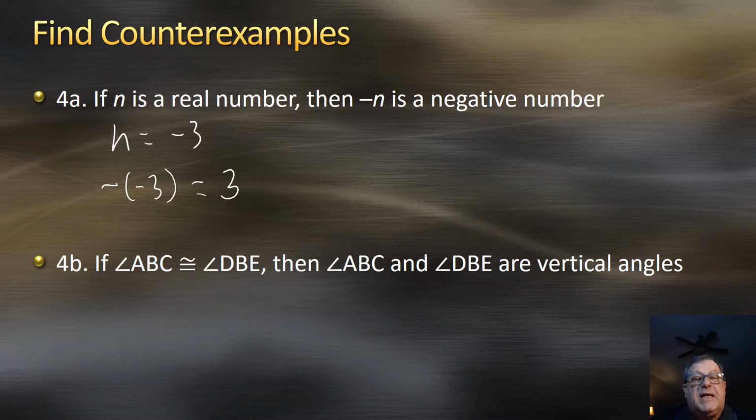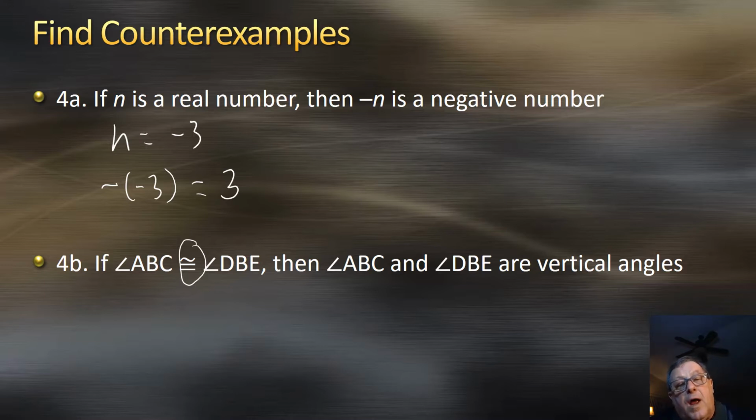Let's look at the second example here. We've got a conjecture here. If angle ABC is congruent, remember this little symbol right here means congruent, to angle DBE, then ABC and DBE, angle DBE, are vertical angles. Now, we've already discovered that vertical angles are in fact congruent. But what creates a vertical angle?